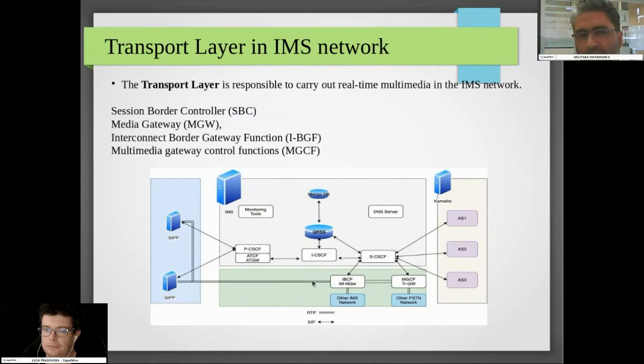Some nodes placed in this layer are the session border controller, the multimedia gateway, the interconnection border control function, or IBCF, and the media gateway control function, or MGCF. All these nodes are responsible for catching the multimedia from the user or other sections of the network and carrying it to other networks.